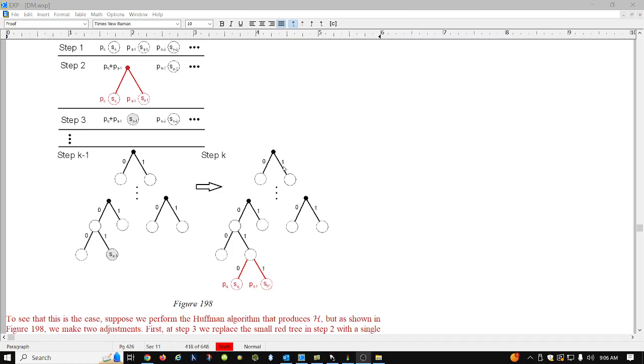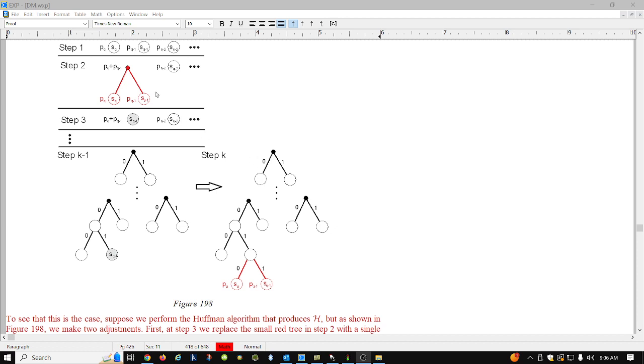And I've added the bits to find the actual code words. But I left these two vertices labeled. Okay, so I would remove these two vertices, the two probabilities, and I'd be done here. And I didn't put the characters in these other leaves because it's not important.